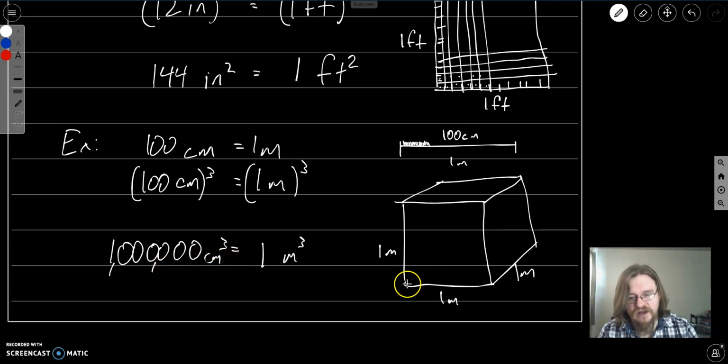We could divide all this up into all these little centimeters, going up, going down, going backwards. If we divided this into little cubes that were all 1 centimeter by 1 centimeter by 1 centimeter, there would be 1 million of them in there. And it's as simple as just taking 100 and raising it to the 3rd power. There's nothing more complicated than that.